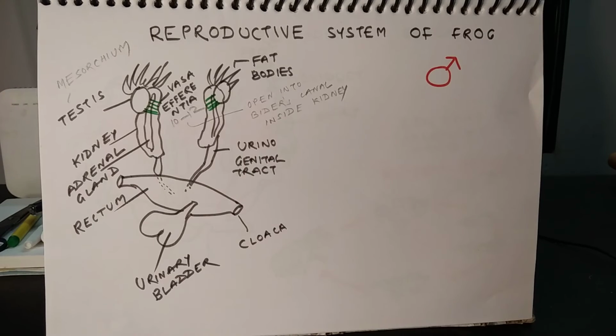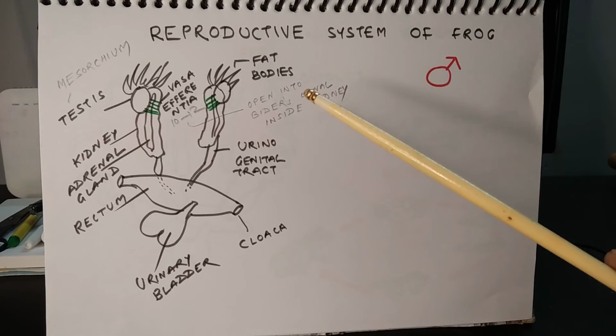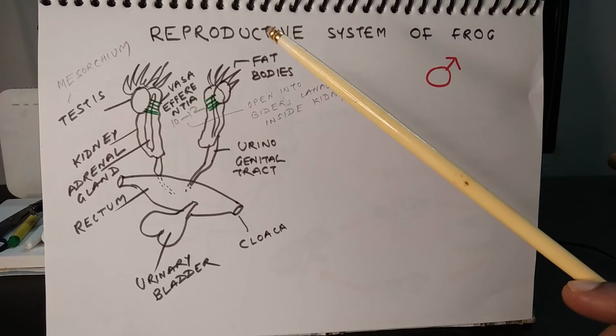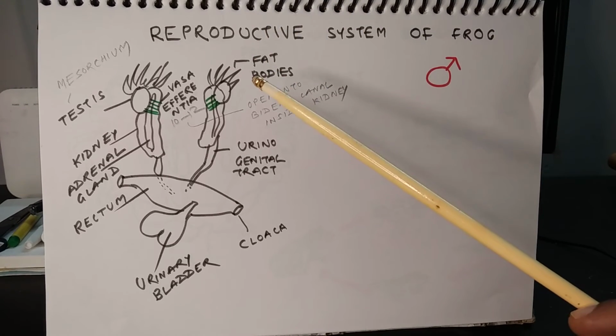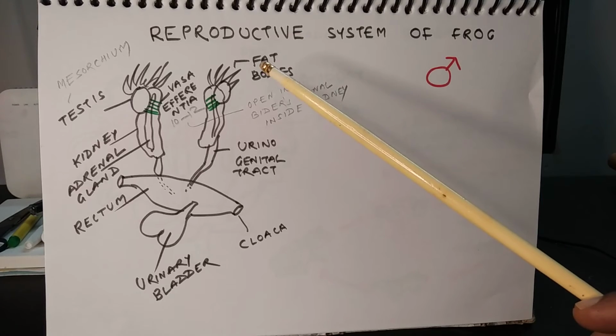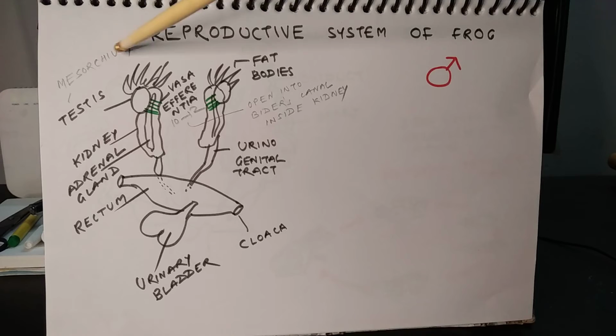Reproductive system of frog. Frogs are dioecious, which means the male frog is different and the female one is different. This diagram shows the male reproductive system of frog. There is a pair of testes, and each testis is attached to a kidney with the help of a double peritoneum or membrane, which is called mesorchium.